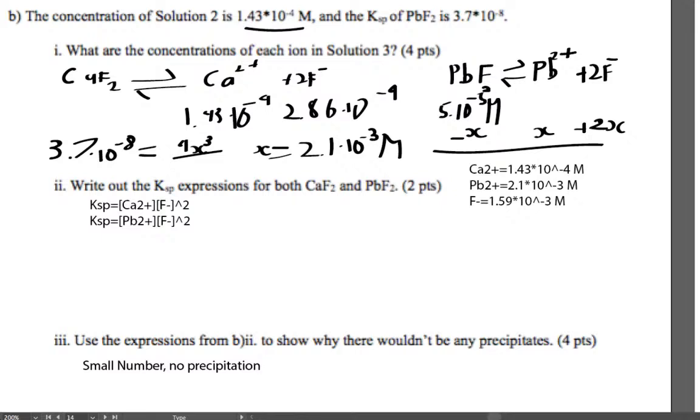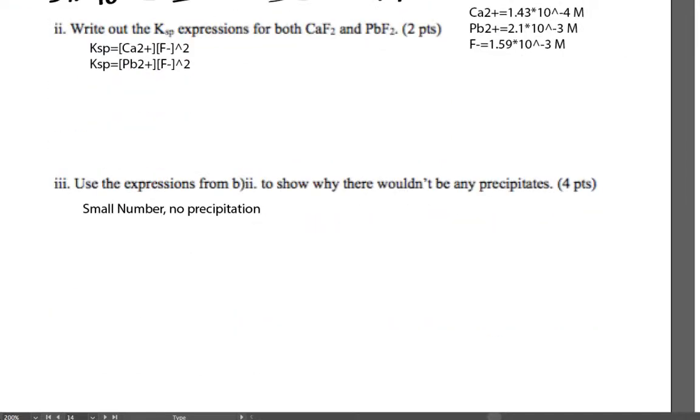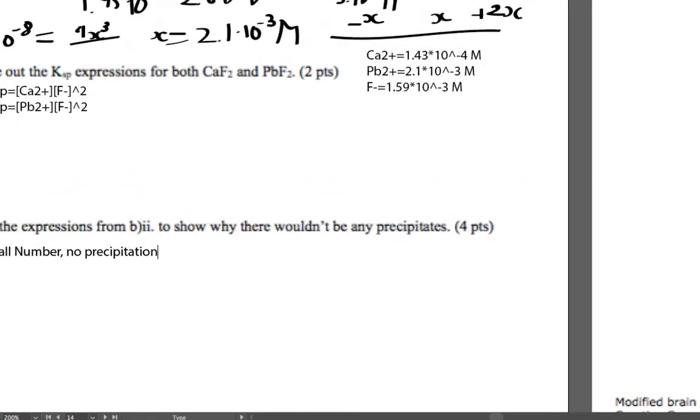Because when you just put CaF2, and then you introduce that F2, this would instead have something else, which is 2x minus that other guy, which is the one that I've already found. Okay, good. At least it works. So small number, no precipitation, because of some, I don't know, weird maths.